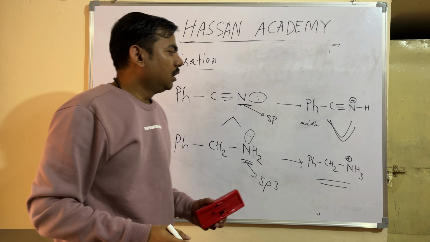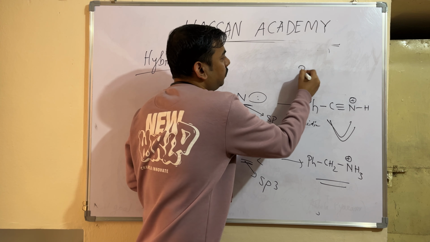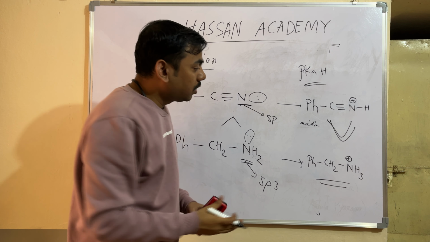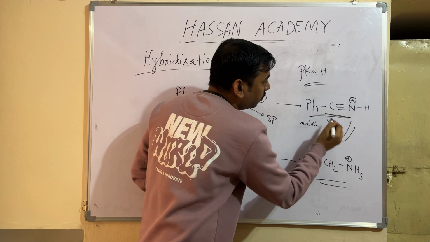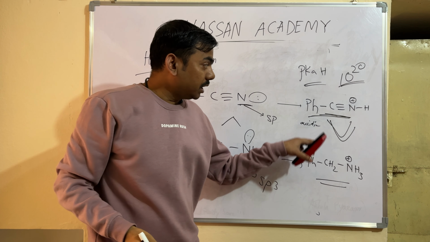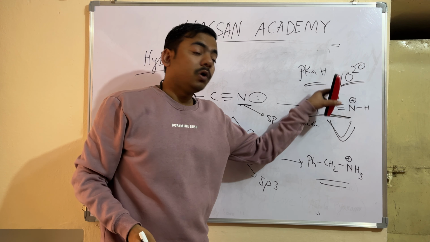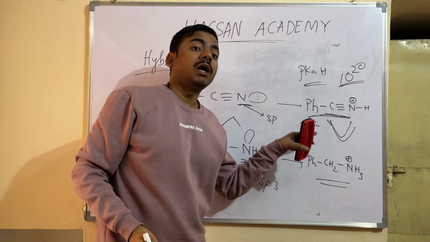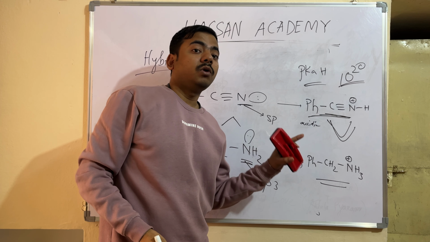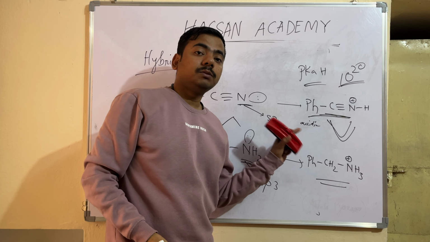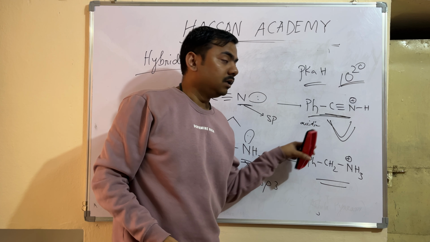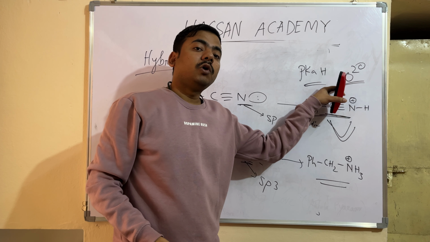And if you go for data, the pKa value, if you are able to find the pKa value for this conjugate acid, you will be shocked to know that this particular molecule is 10 to the power 20 times more acidic than this one. How did I get to know that this is 10 to the power 20 times more? Because this pKa is around -10, but this pKa is +10. So from +10 to -10 is a difference of 20. That many powers of 10 will be the difference in their acidity. So this is 10 to the power 20 times more acidic than this one.